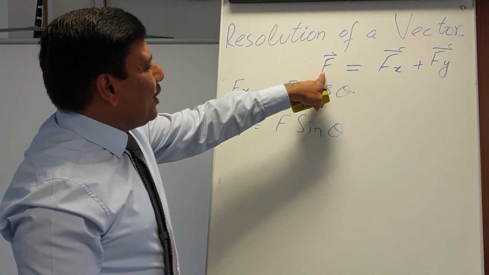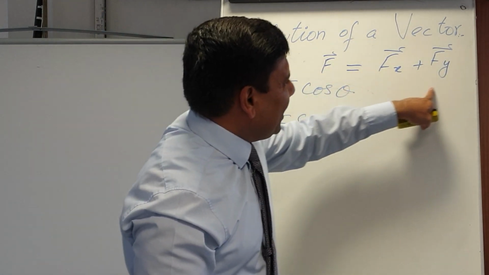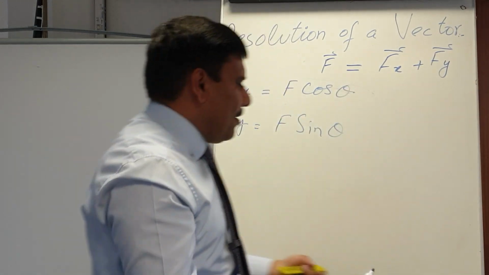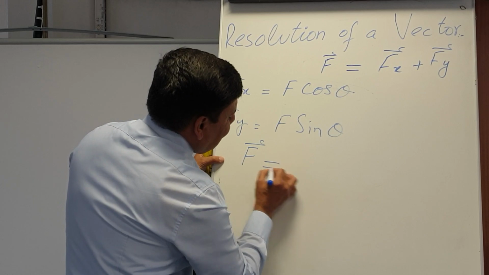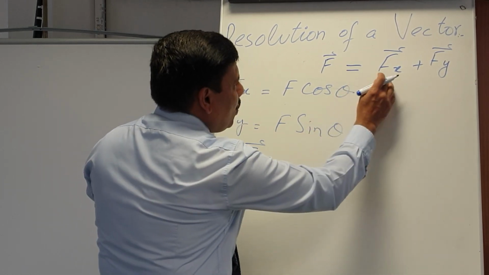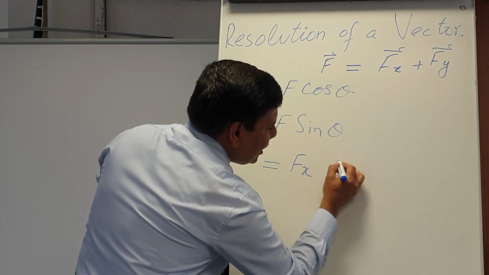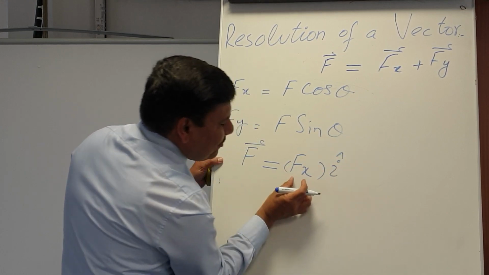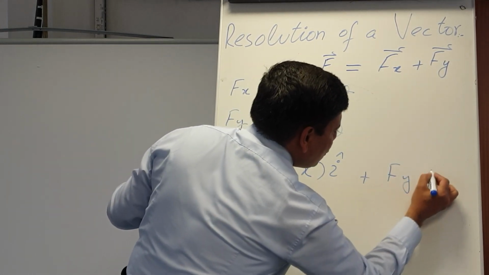Now, if I want to represent this vector and show its vectorial form, how can I write that? So f in vector form will be fx, which can be replaced by fx into i unit vector, its magnitude and its direction, plus fy into j.